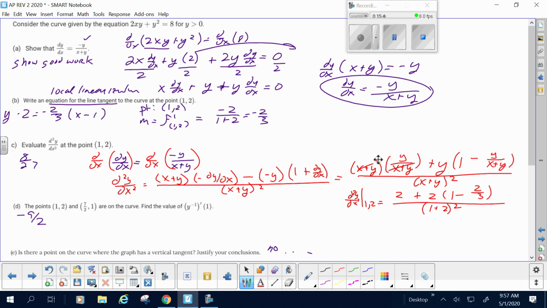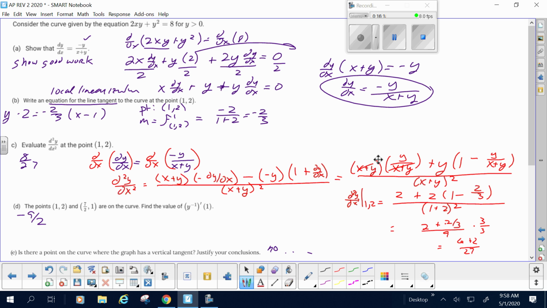But me, I'm old school, and I say when you do math, you get an answer. So I'm going to go on, and I'd get something like 2 plus 2 times a third, so 2/3 over 9. If I multiply top and bottom by 3 to clear the fractions, then I get something like 6 plus 2 over 27, and that's where my answer comes from.